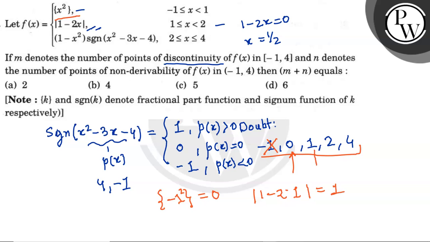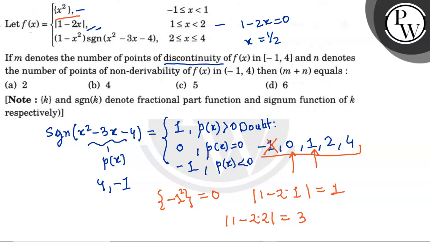Which means this is a point of discontinuity as well. Now if you check for 2, you will see that as x approaches 2, the modulus of 1 minus 2 into 2 is equal to 3.